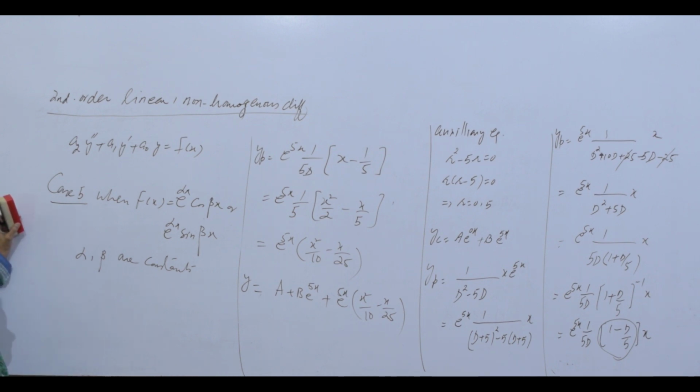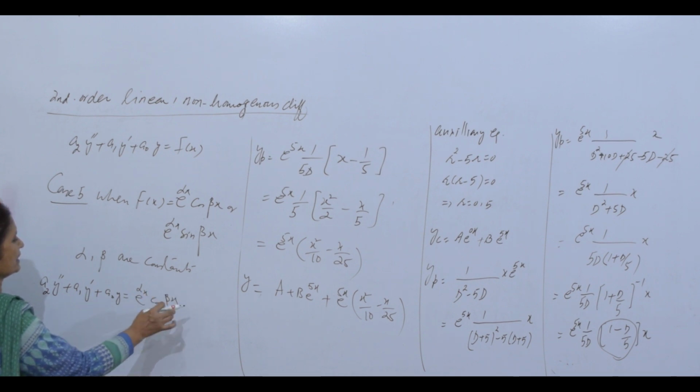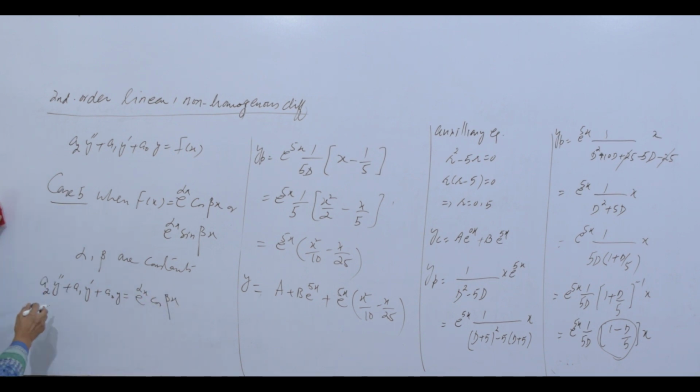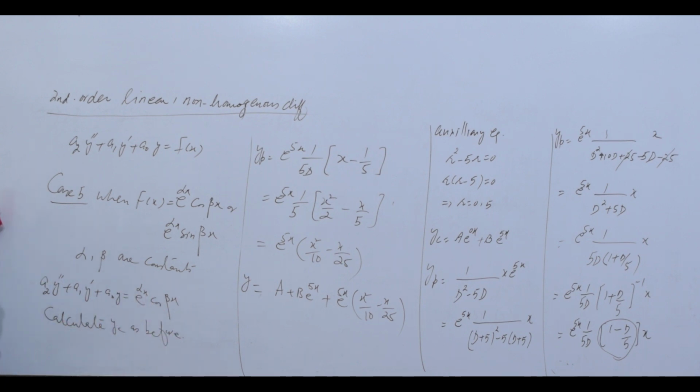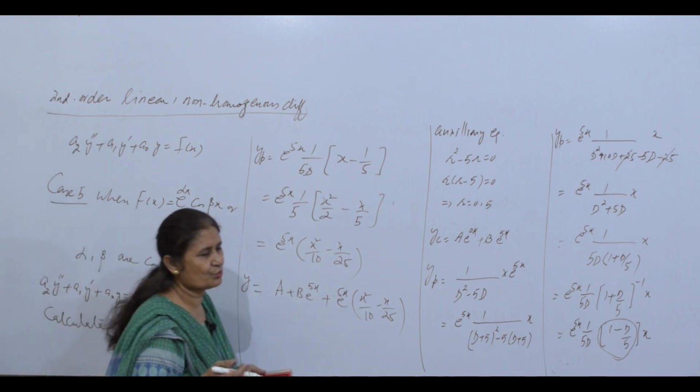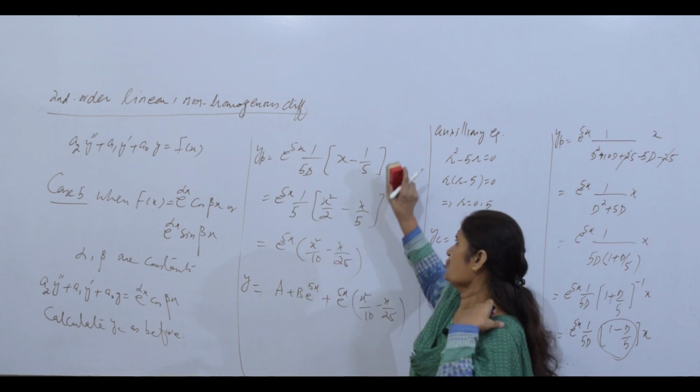So sine and cosine of βx are continuous functions, and the exponential is a continuous function. So what you are going to do is a2 y'' plus a1 y' plus a0 y is e^(αx) cos βx. Calculate yc as before. Each time I am telling you, write down the left hand side equal to 0, the D operator, the auxiliary equation, and find the roots.